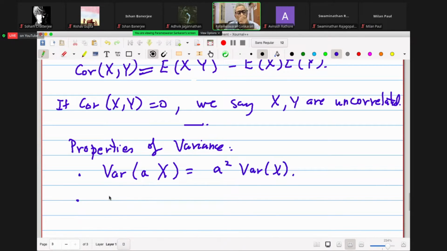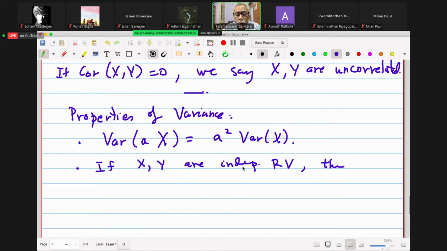And what if X comma Y are independent random variables? At the moment we are only saying discrete.